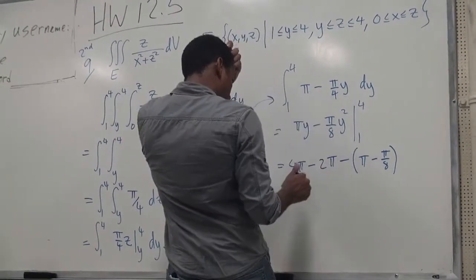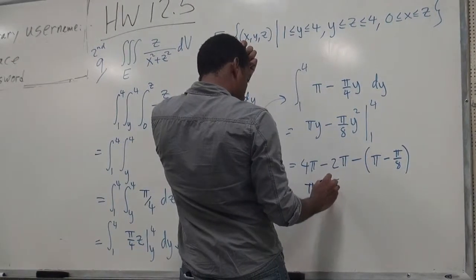Pi minus 2 pi minus 1 pi, that's just pi plus pi over 8.